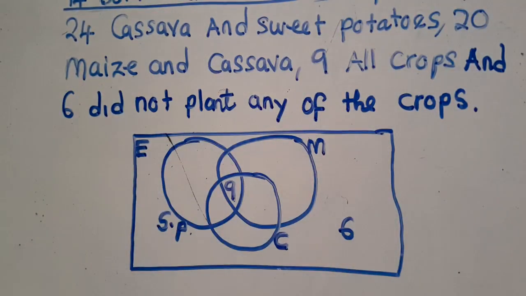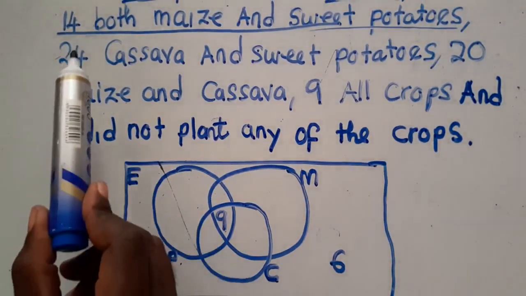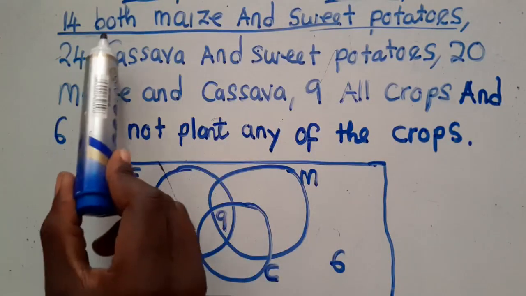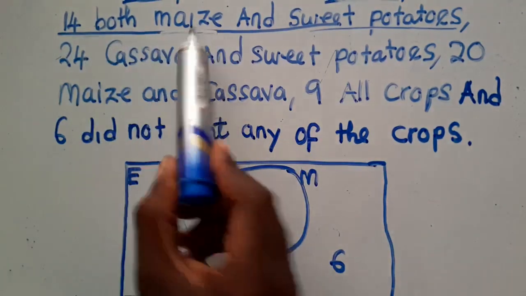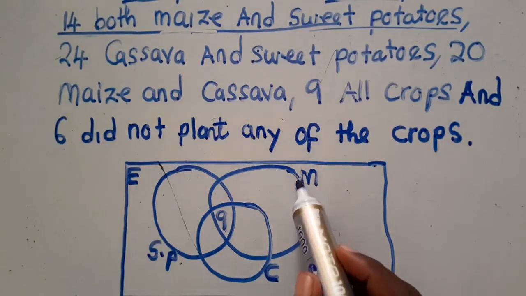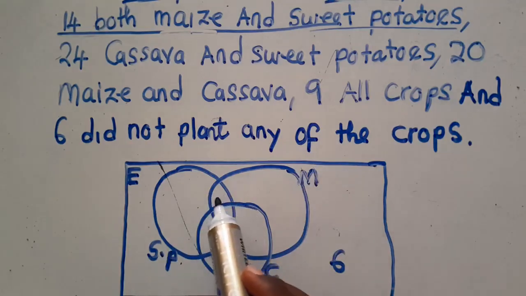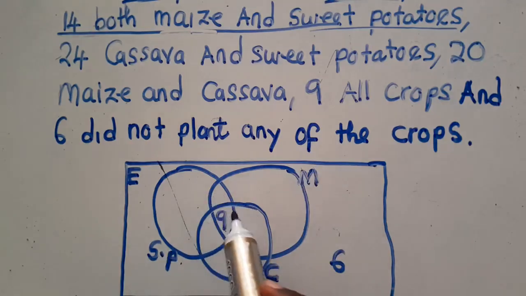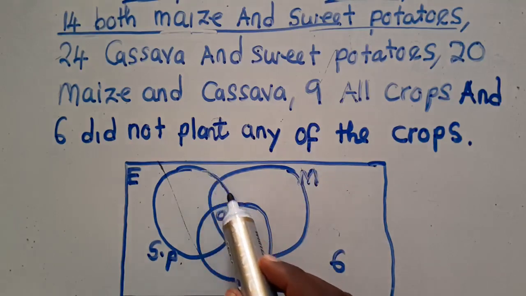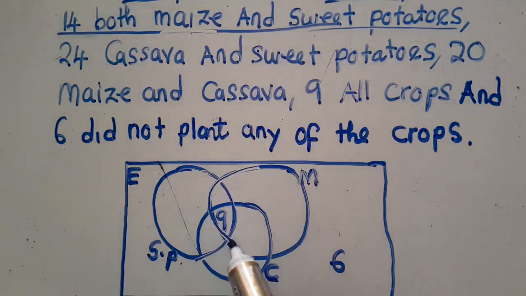We are given that 14 planted both maize and sweet potatoes. Maize is here and sweet potatoes there. So this part here. Are we going to write the 14 there? No. Because this part is intersecting together with the 9. Have you seen? The 9 is also included.